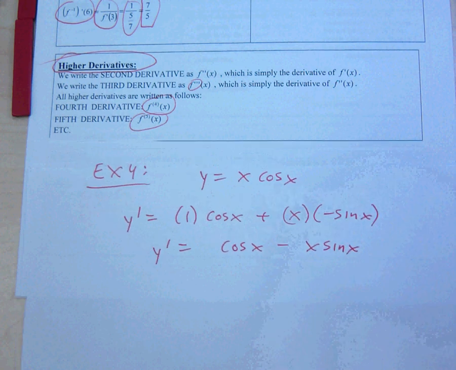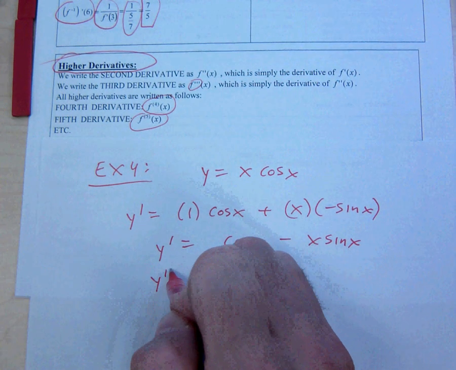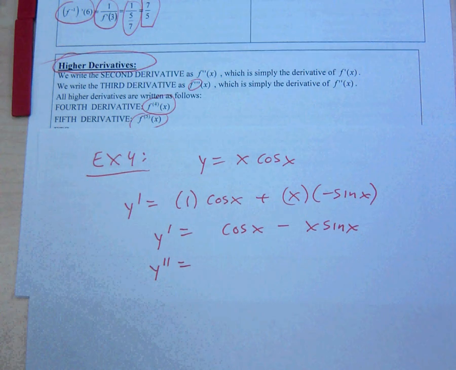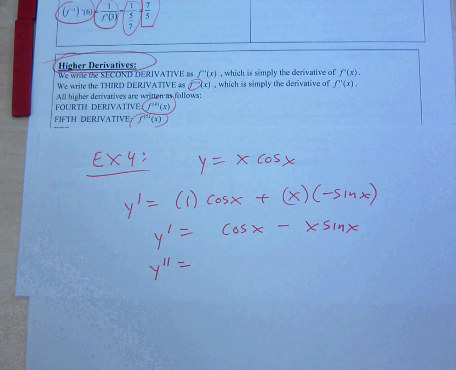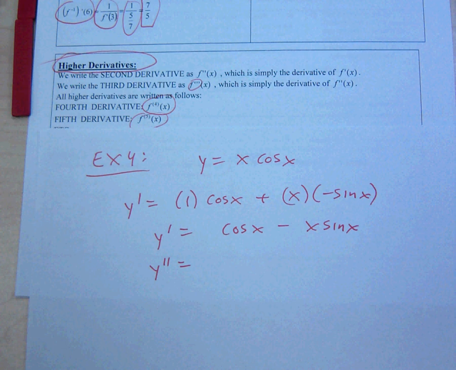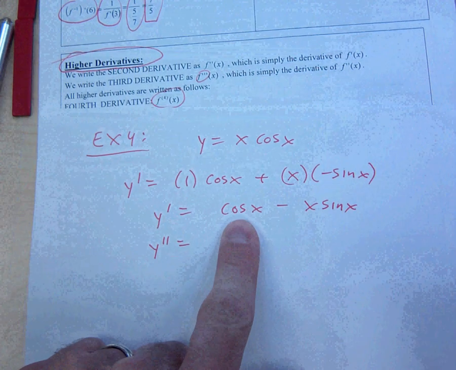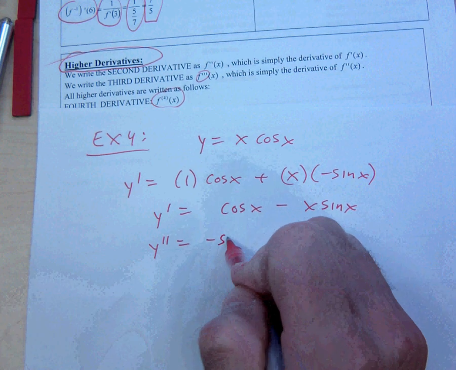Okay, and now I want to find the second derivative, and I'll have somebody help me there. How about Samia? What do you think? What do I need to do to find the second derivative? Okay, good.